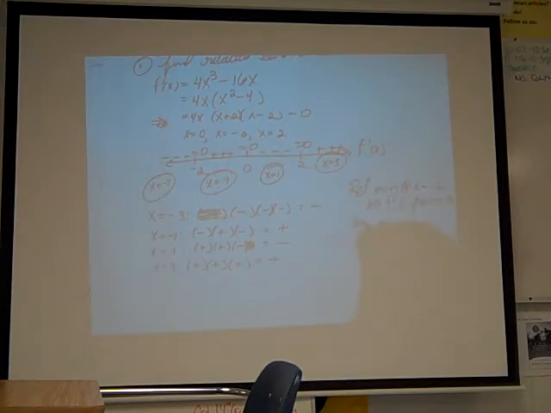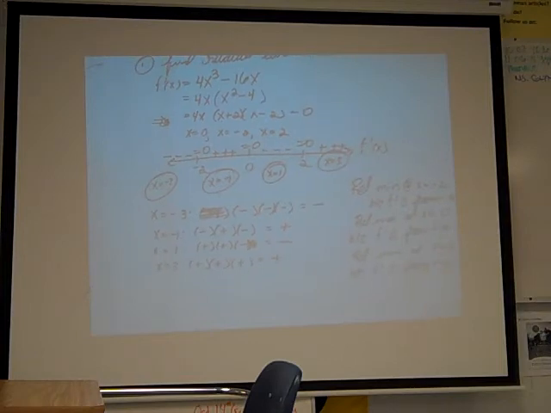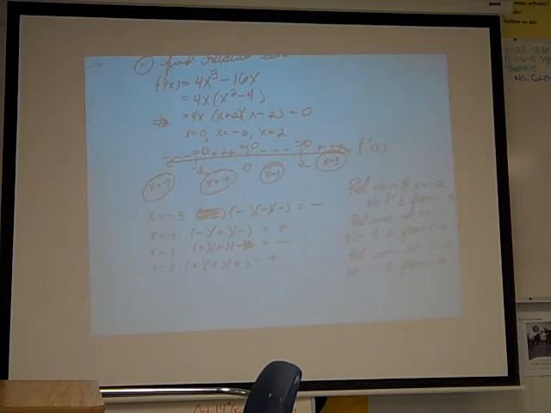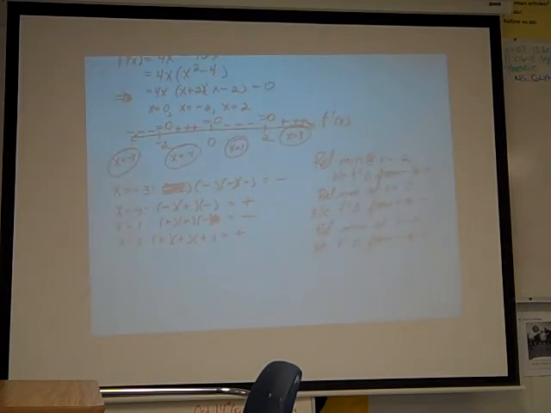We have a relative max at x equals 0 because f prime changes from positive to negative, and we have a relative min at x equals 2 because f prime changes from negative to positive. Those are all things that we confirmed through our graph, but now we know for sure using the calculus.